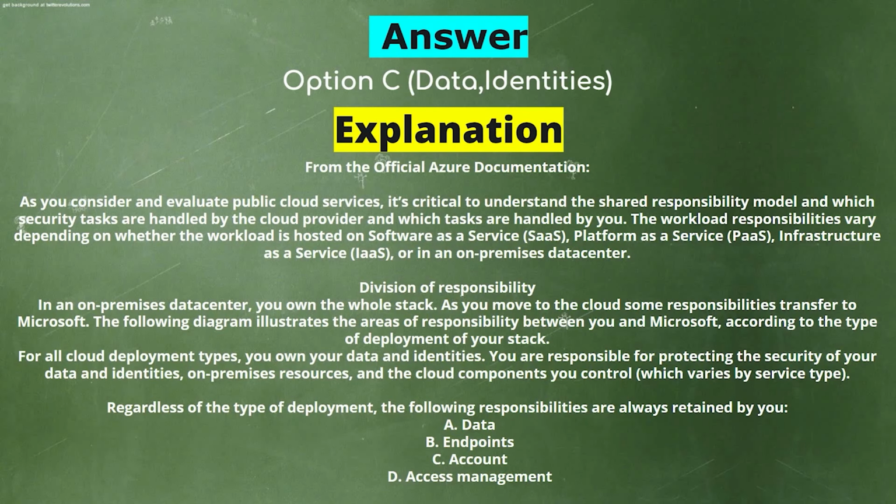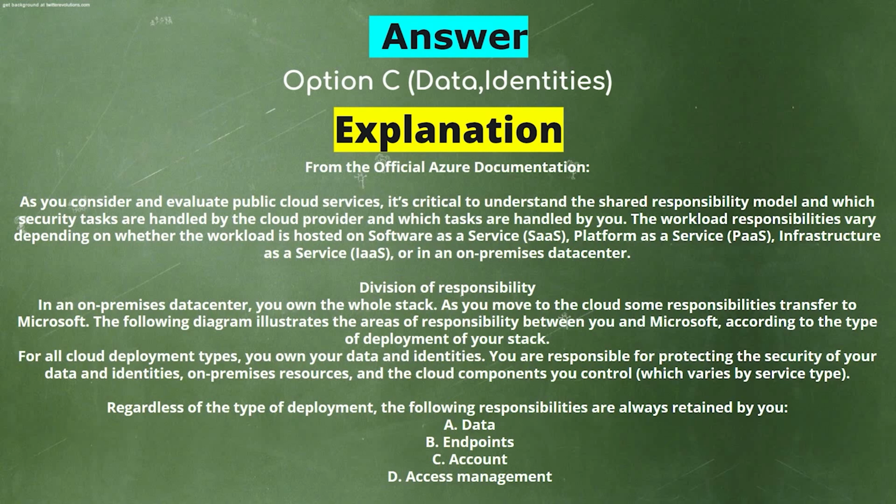As you consider and evaluate public cloud services, it's critical to understand the shared responsibility model and which security tasks are handled by the cloud provider and which tasks are handled by you. The workload responsibilities vary depending on whether the workload is hosted on software as a service, platform as a service, infrastructure as a service, or in an on-premises data center.